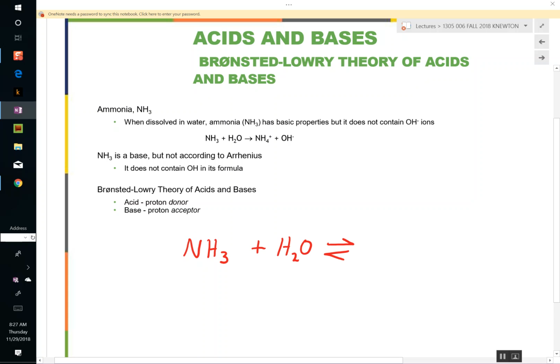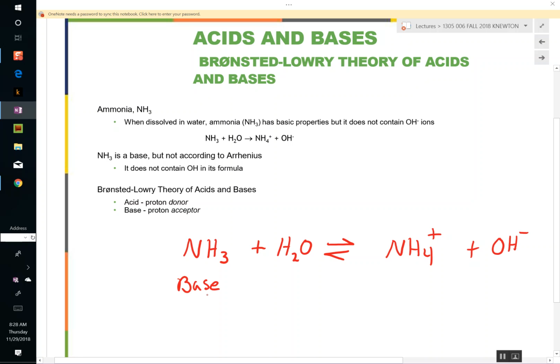It pulls a proton from the water to form the ammonium ion. And what does that do? That generates a hydroxide ion. So you put ammonia in water and it doesn't lower the pH. It's not acidic. It raises the pH. So it is a base. This is a base. And you can't see any hydroxide in there.